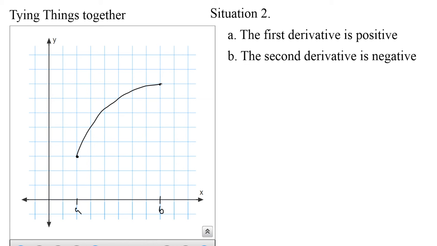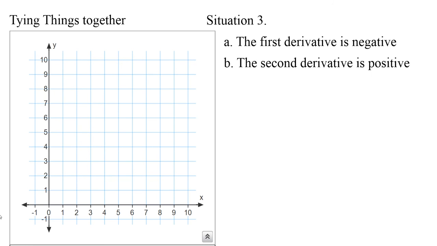All right. Next possibility, situation 3. This time I want you to draw a curve such that the first derivative is negative and the second derivative is positive. So pause.